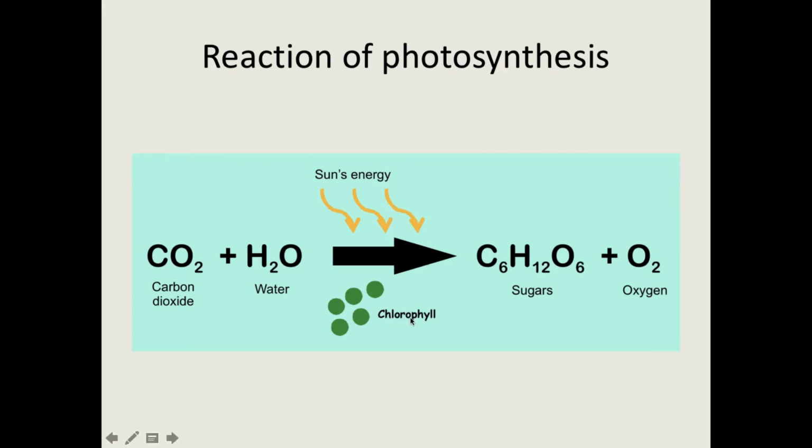The final end product is the food, produced in the form of glucose, that is C6H12O6, which comes under the group of carbohydrates. You know sugars come under the group of carbohydrates, with the liberation of oxygen molecules. So this entire reaction represents the photosynthesis process.